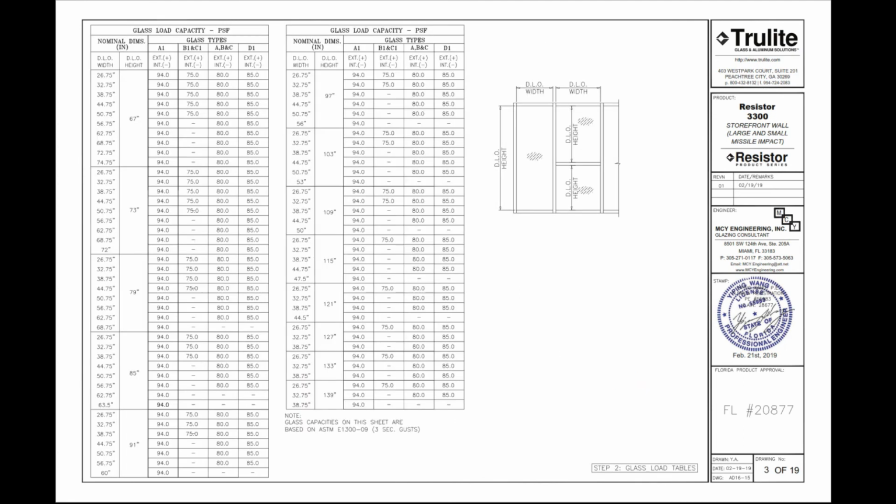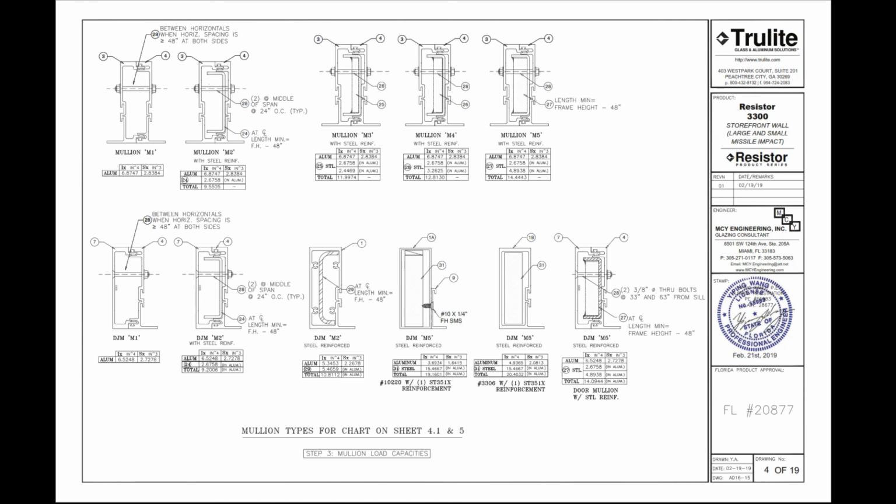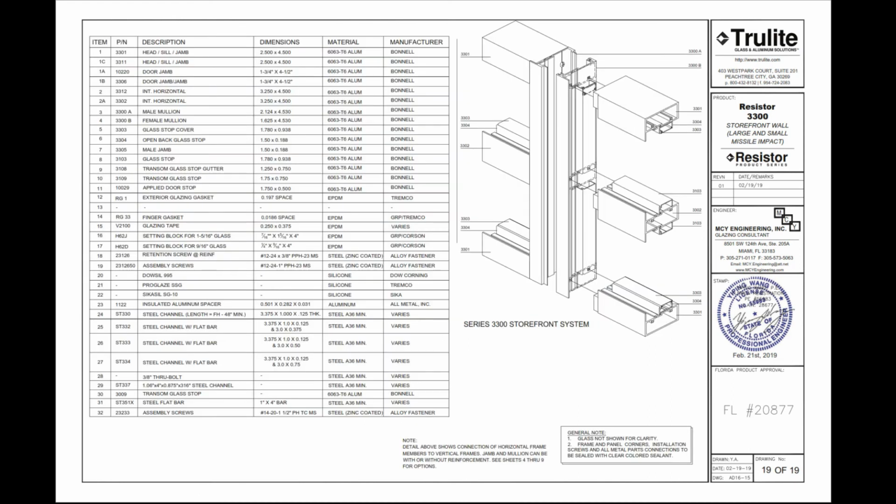We also have maximum glass capacities. This is shown to us in a table, and it says what the maximum width and the maximum height are. It's a question of just reading it, and we have the different mullion profiles and what their properties and dimensions are. And finally, we have a table of the accessory items that are used to create the window system.